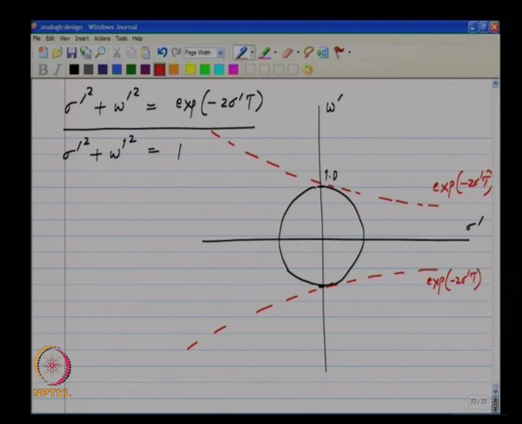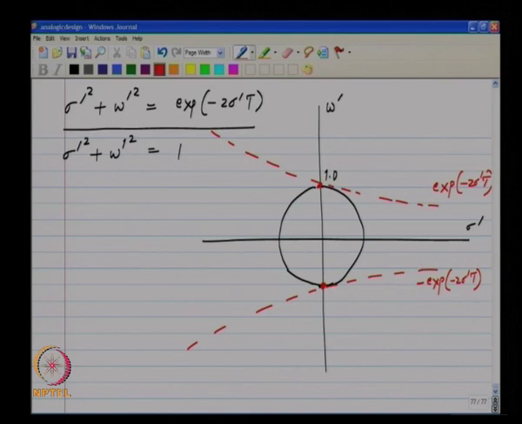So, what the first equation is saying is that the sum of sigma prime square and omega prime square is equal to this value, that is, equal to this curve which is becoming larger for negative values of sigma prime and becoming smaller for positive values of sigma prime. So, compared to the circle, the new solution will look like this.